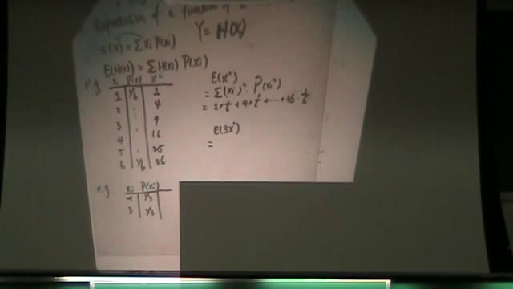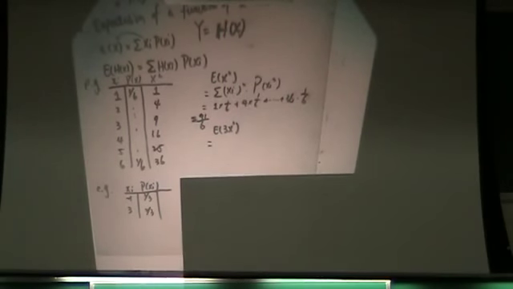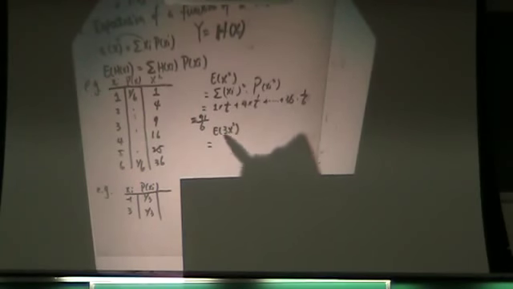Okay, so another example. Let me check the answer. The final answer here is 91/6 for this part. And then there's a second part: compute the expected value of 3x squared. There are 2 ways to solve this problem.